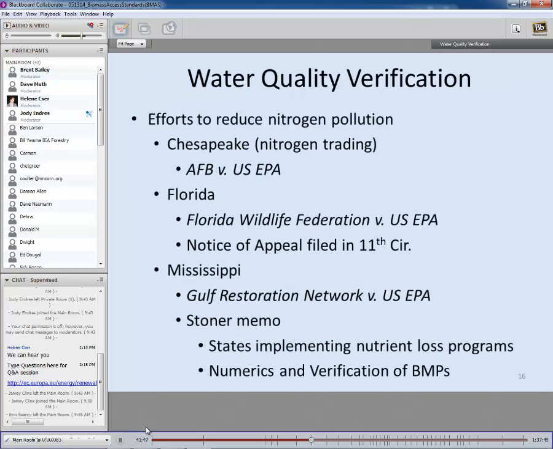There's also then, as a driver too, and this has been more recently, efforts in different watersheds to reduce nitrogen pollution. So I divide this up into 3 areas of the country because there's 3 sort of different approaches there, and as an attorney I often look at it from a litigation standpoint.